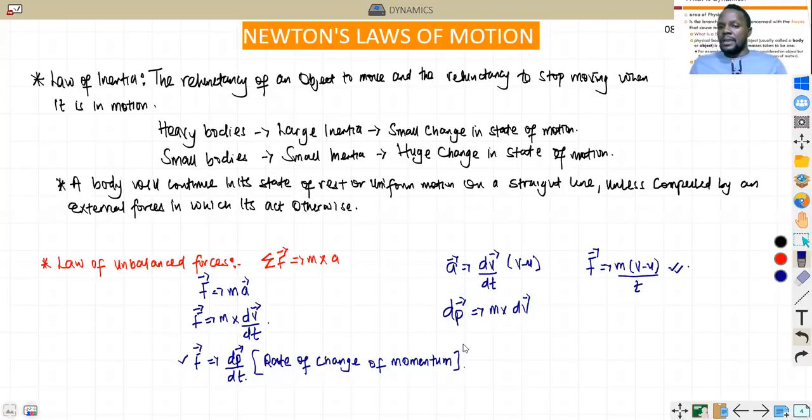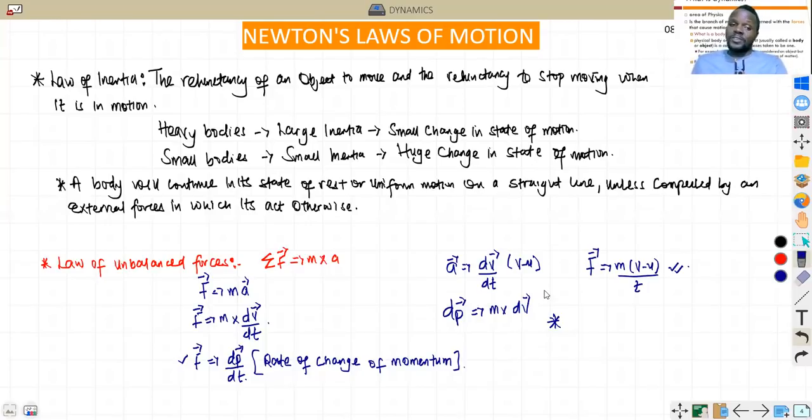Now, to write it verbally, according to the way he got it, he said the rate of change of momentum is proportional to the applied force, provided the force is acting in the direction of motion. That is the way Sir Isaac Newton quoted the law. For those that don't have it in Class 10, you might write it the way I've stated now.